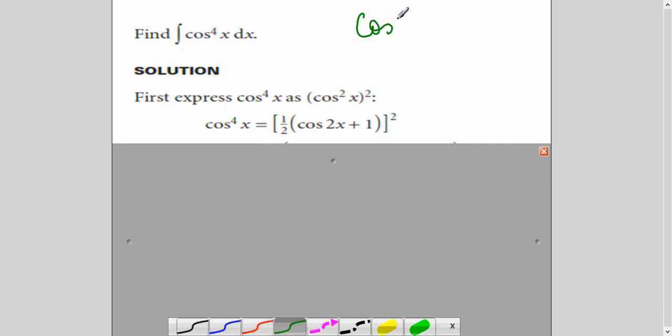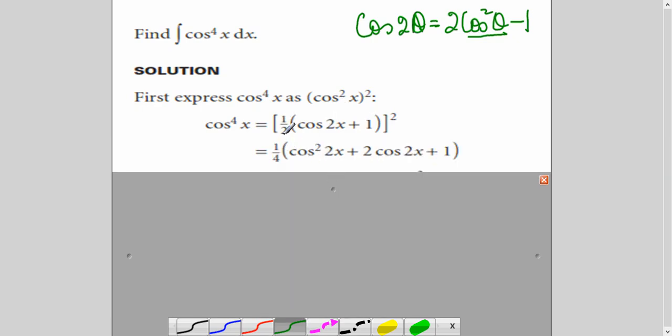For example, cos 2 theta equals 2 cos square theta minus 1. If I make this the subject, it will be cos 2 theta plus 1 divided by 2. So that's why we have replaced it. Now this overall square will be applied on the half and on this also, so it will become 1 over 4.